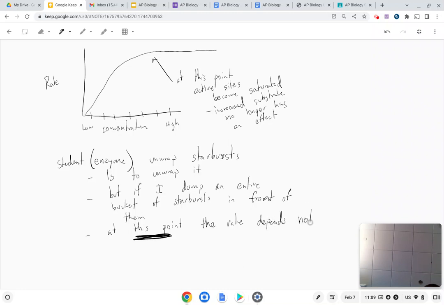So we're going to say at this point it depends not on starburst concentration, but on how fast the student can unwrap.